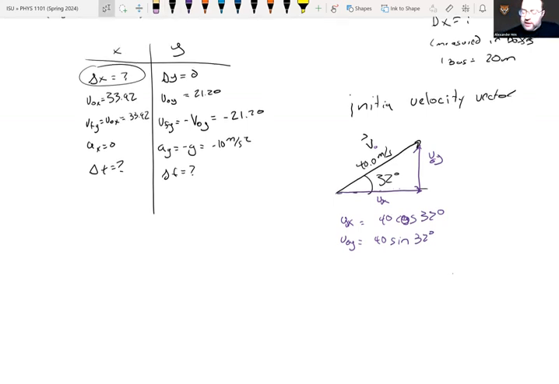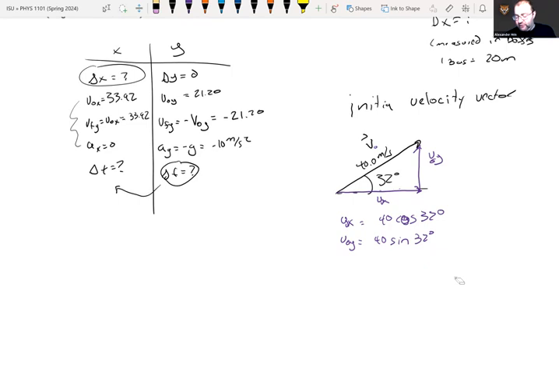From here, we need to first find the delta T, because we'll use the delta T to cross columns, and then we'll find delta X. We can't actually find delta X with the other equations because this acceleration goes to 0. A lot of those equations become trivial, so you need to be careful with that.